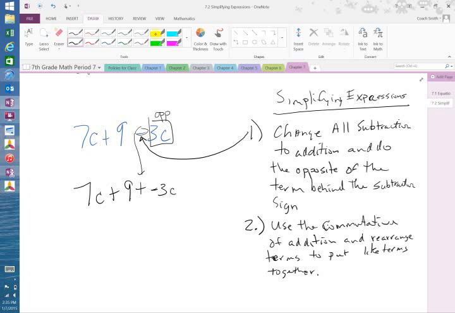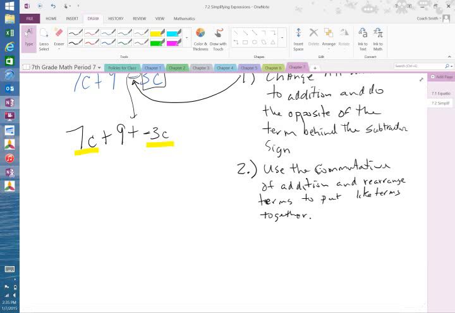In this problem, 7c and 3c are the same, because they both have the same variable. We call these like terms.